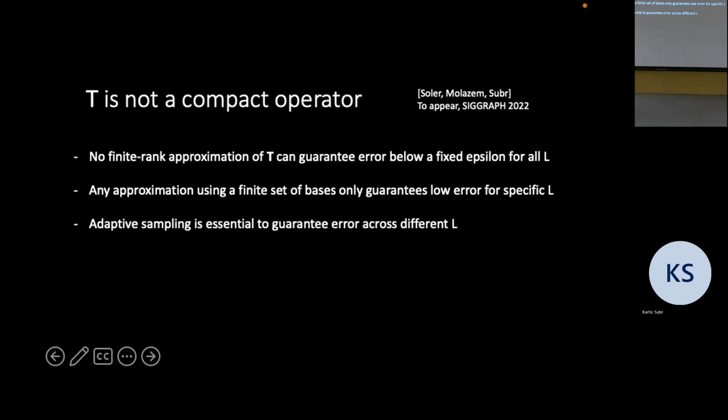We showed that the operator is not compact, which means the error for any approximation cannot be bounded uniformly. This was a pretty big statement, because it says that in the last 40 years of approximation, nobody has ever got a uniformly convergent solution.